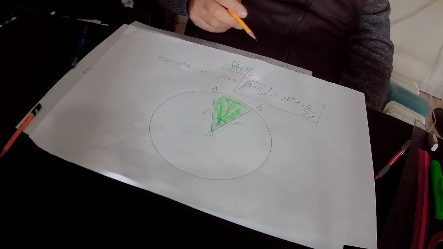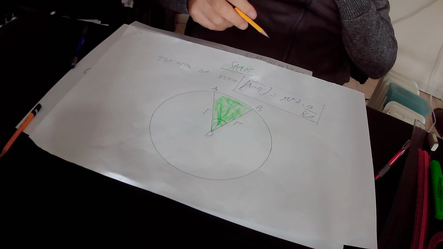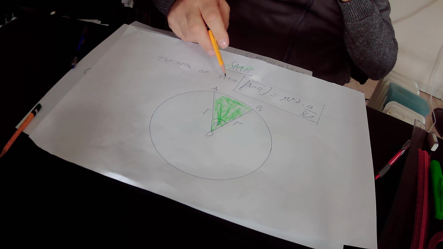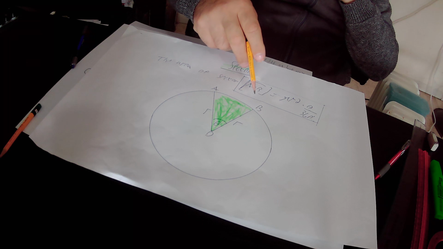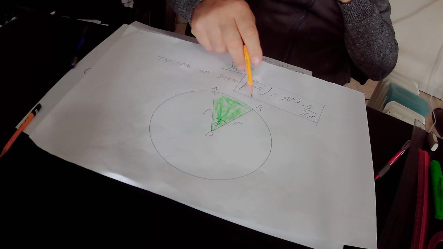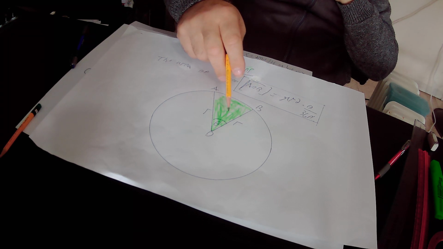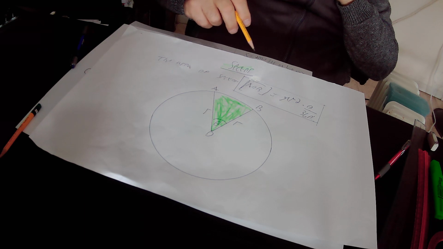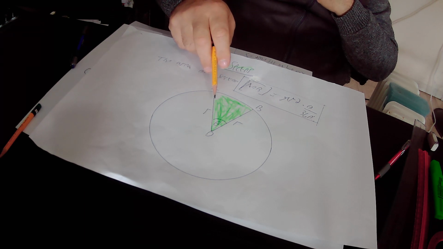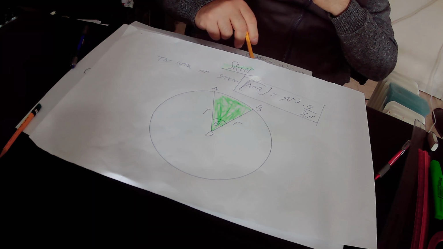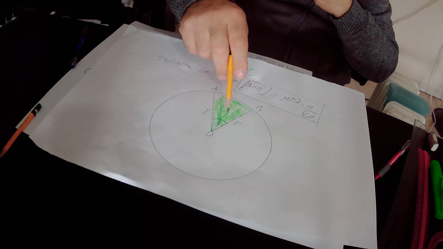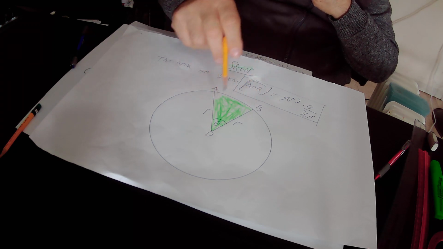So a sector is like a slice of pizza that consists of two legs and the arc AB, the arc between those two legs.